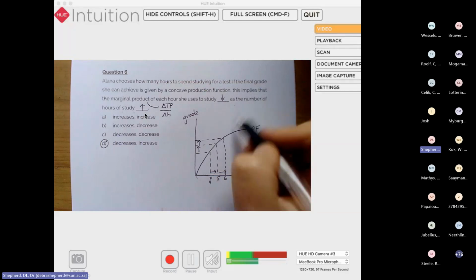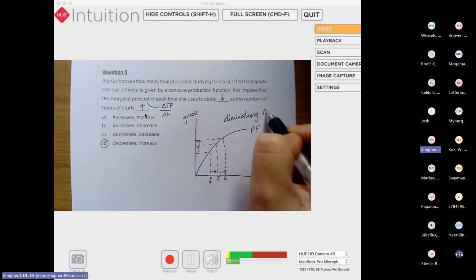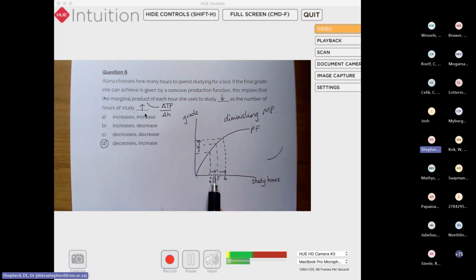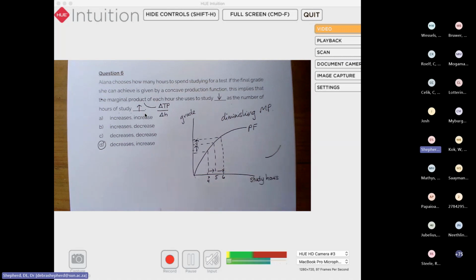This represents diminishing marginal products. For each extra hour used for studying, the additional grade, so the change in the grade would get smaller. Okay. Everyone happy with question 6?